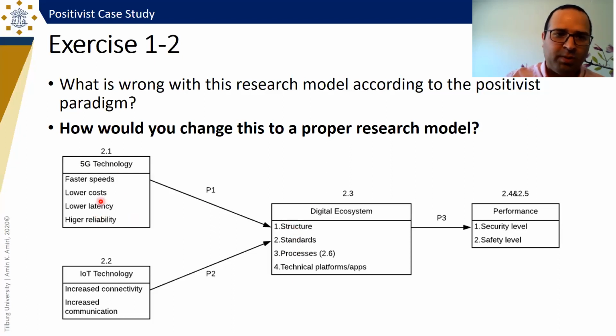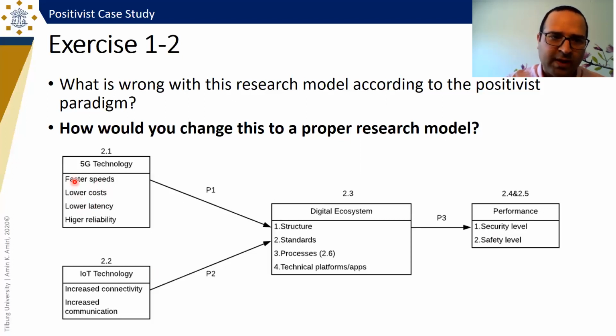So the problem here is that, first of all, these constructs need to be measurable. Like performance, this performance is great. We can measure that. Security performance, safety performance. But about these technologies, you see speed here, cost here, latency here, you can measure these.